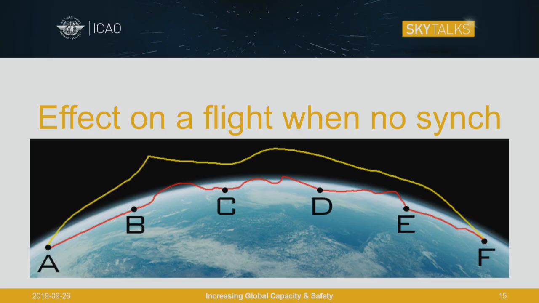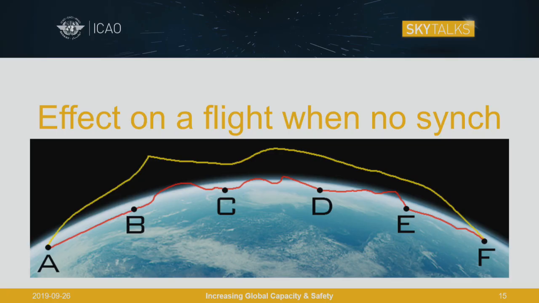And the yellow line represents the deviation in altitude. Although it should be nice to have the same altitude unless there's weather issues, what we see is, because of operational requirements, each ANSP is working in silos and managing their traffic their own way.